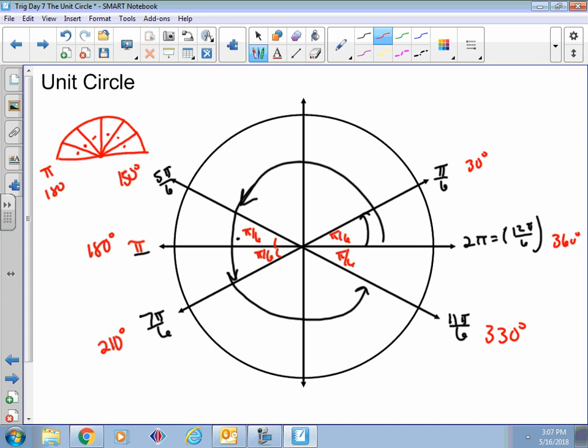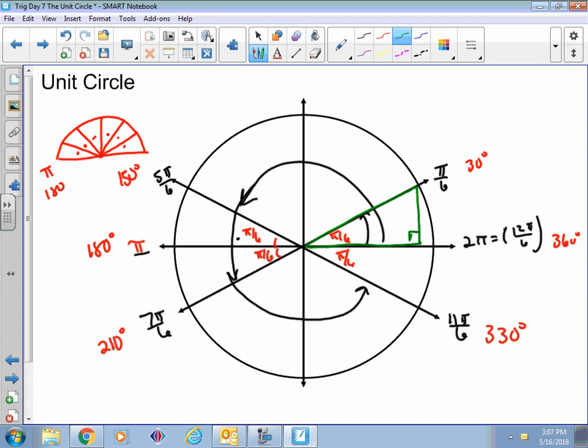So talking about the sine and cosine of each of these angles, sine of 7 pi over 6, cosine of 150 degrees, how do we calculate all that? Make yourself right triangles using those reference angles. Pi over 6, 30, 60, 90.